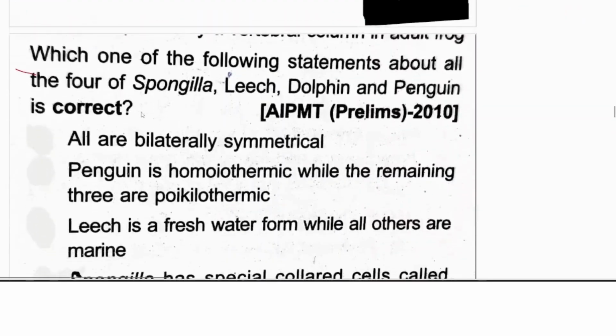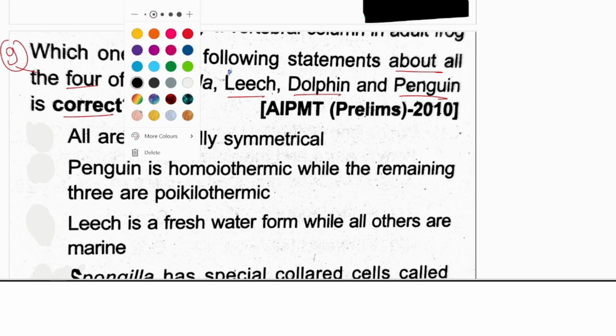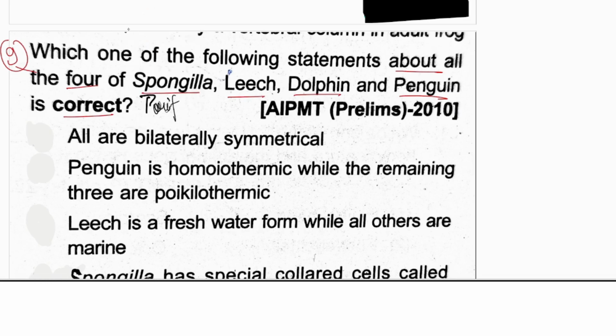Okay, now let's see question number 9. Which one of the following statements about all four, Spongilla, leech, dolphin, penguin, is correct? Okay, Spongilla we know very well, phylum Porifera. Leech we have seen, the leech is from the phylum Annelida. And penguin and dolphin we have seen in the subphylum vertebrates. Okay, so that's all. Let's see now what would be the correct answer according to them.